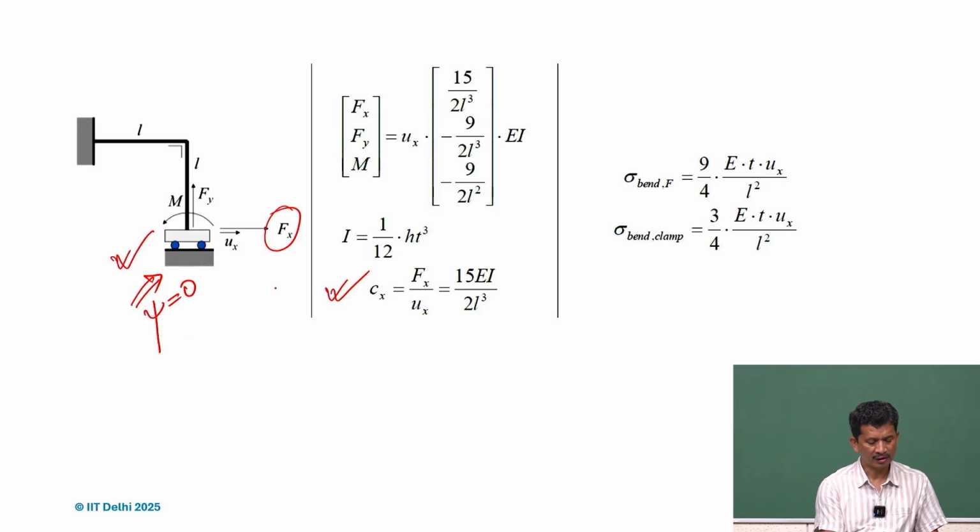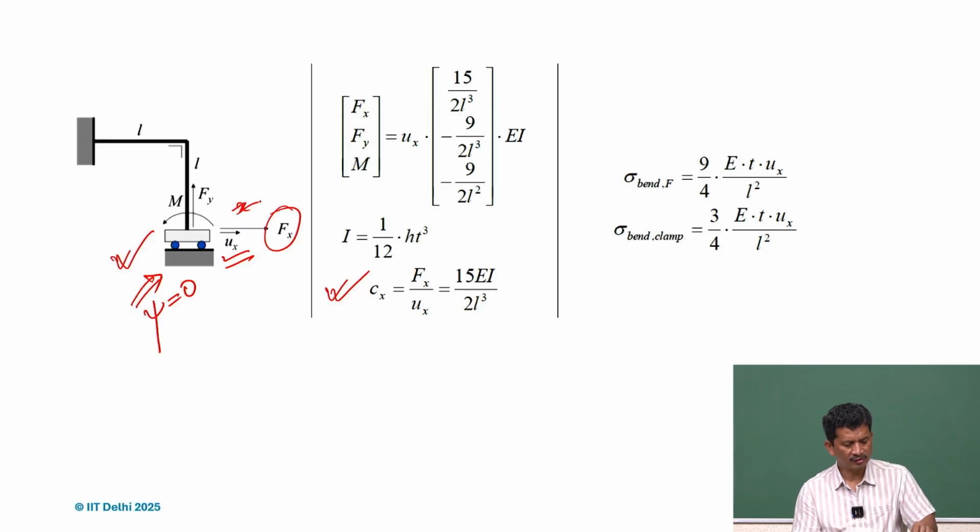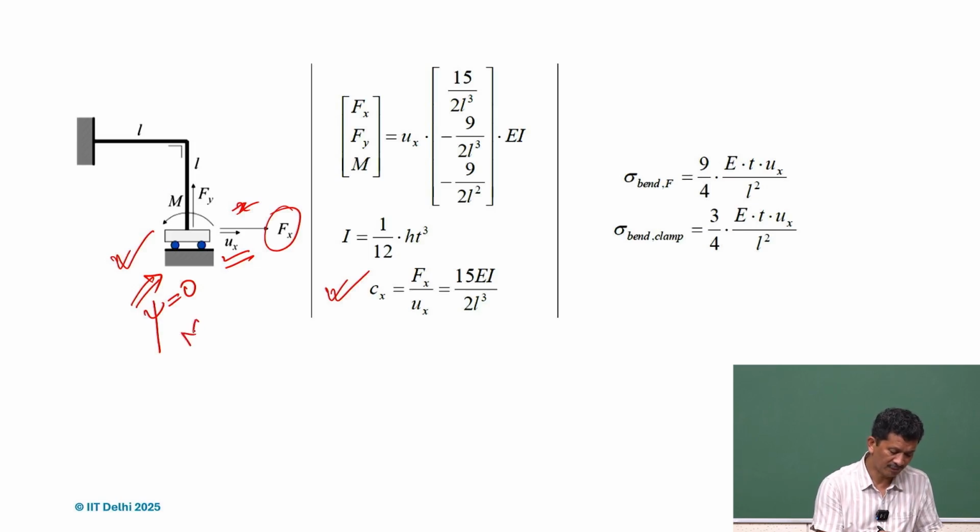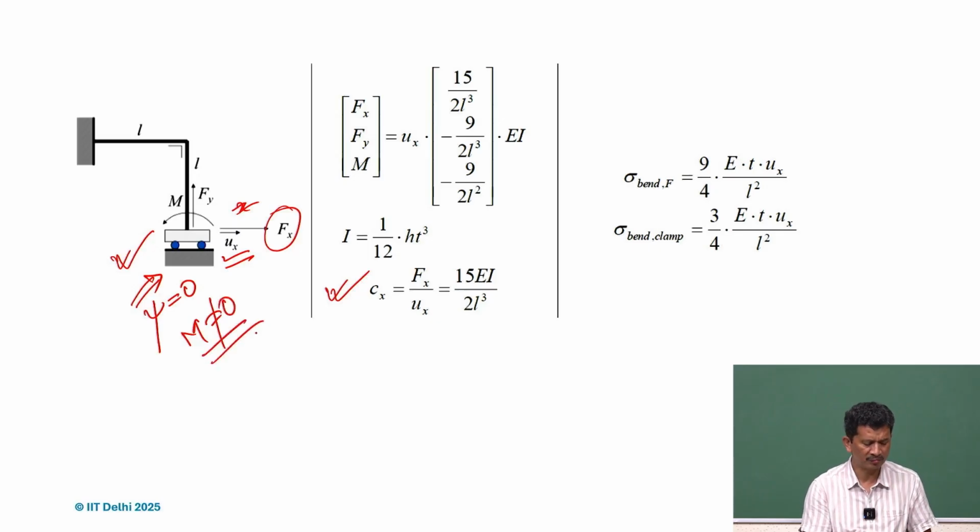So we can have this ux, and as it moves, it's guided. So m is not 0, it's the psi. Psi is 0, the angular deformation, so it's guided. But there m is not 0. So we have to remember that.